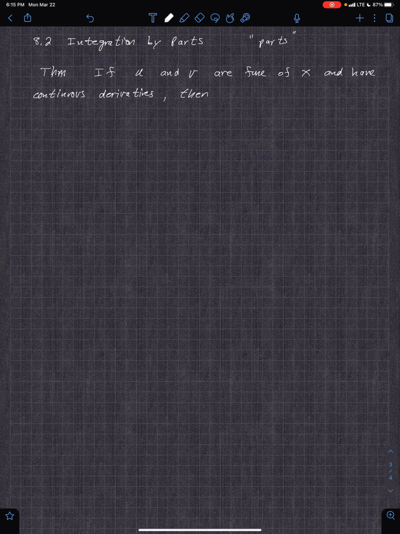So then the integral of u dv is equal to u times v minus the integral of v du.